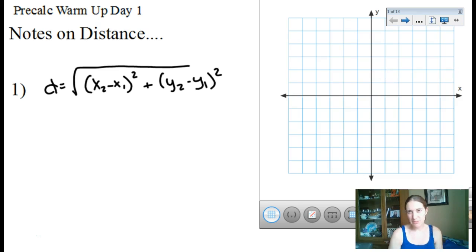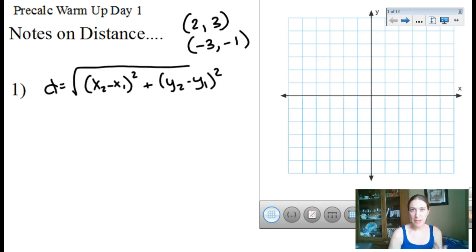So when you're measuring distance between 2 points, it's essentially a Pythagorean theorem question. So for instance, if we were trying to find the distance between, throw some points out here, 2, 3, and how about -3, -1.